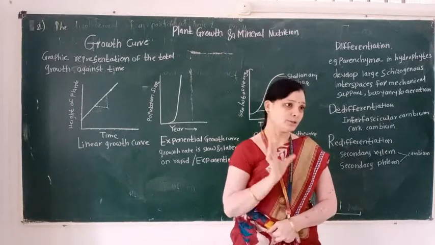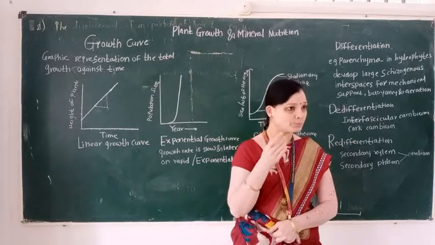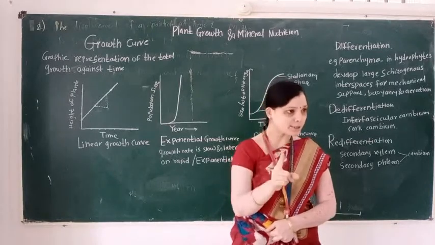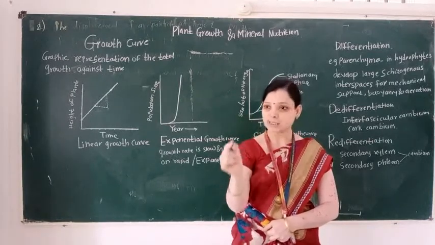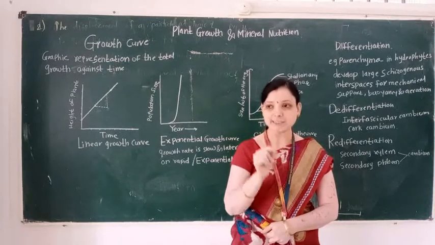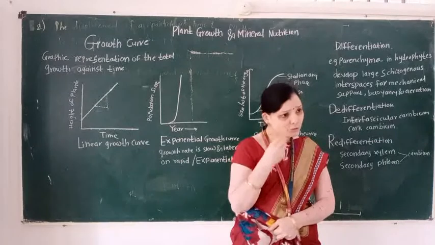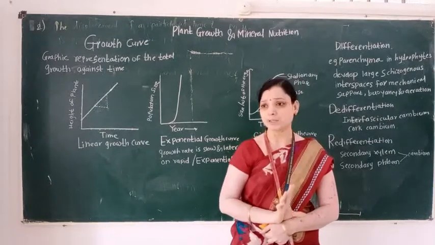Depending upon the position, meristems are classified into three types: first apical, second intercalary, and third lateral meristem. And you also learned the characters of meristematic tissue.